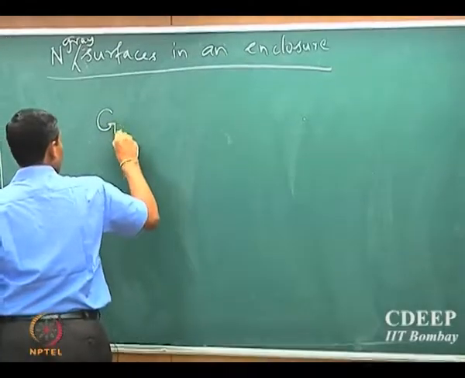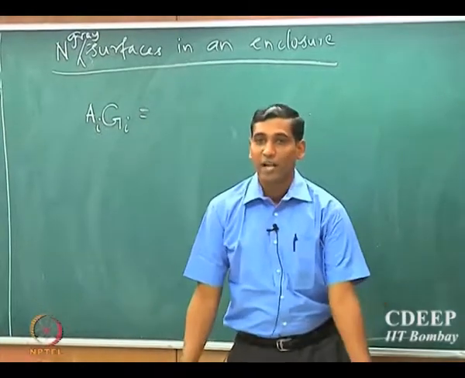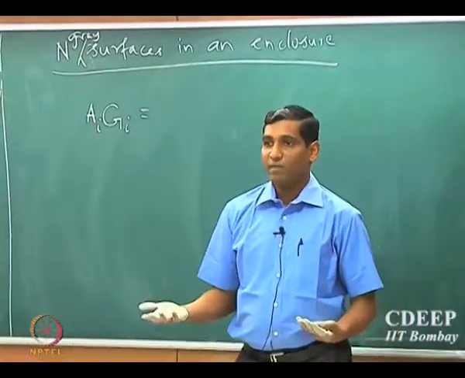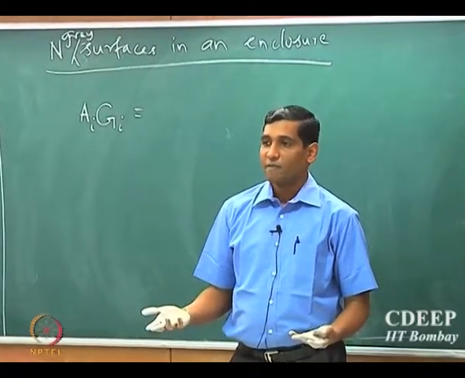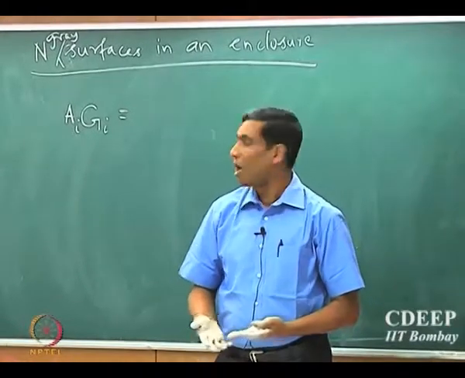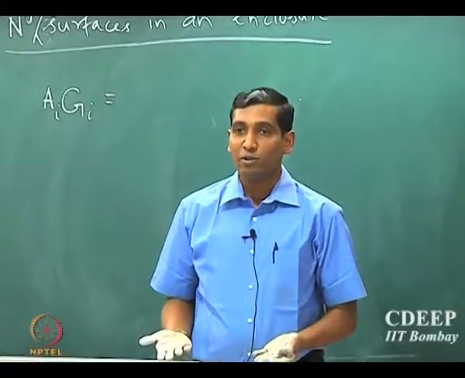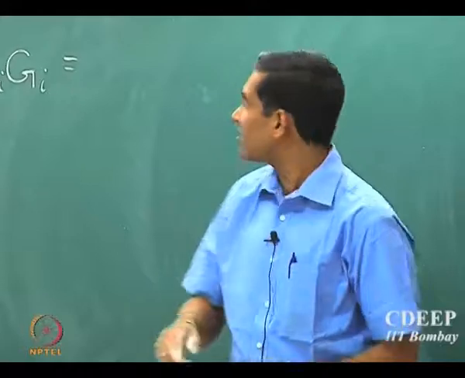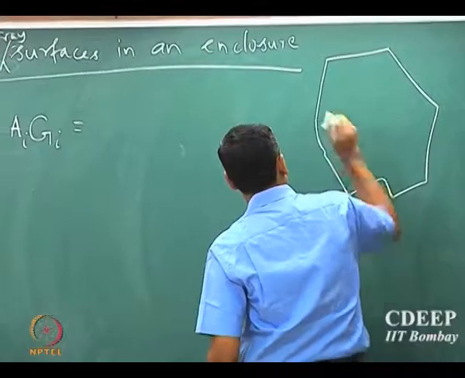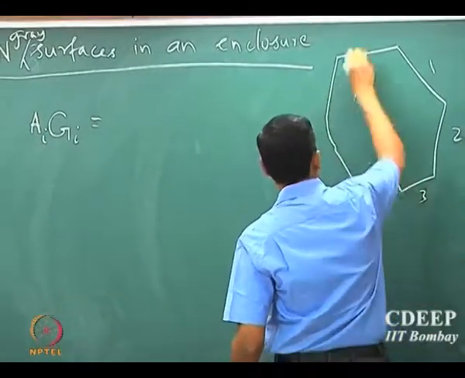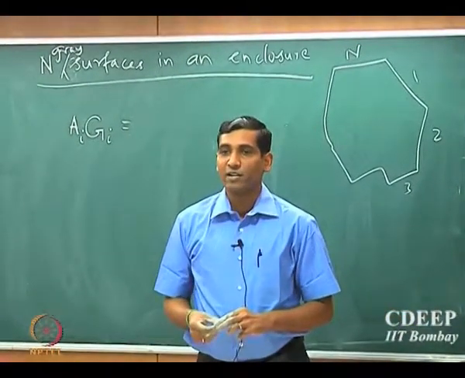So what is the net irradiation received by a surface? We cannot quantify the net radiation exchange from all the n surfaces if we do not know how to find out the net incident irradiation that is received by a surface.